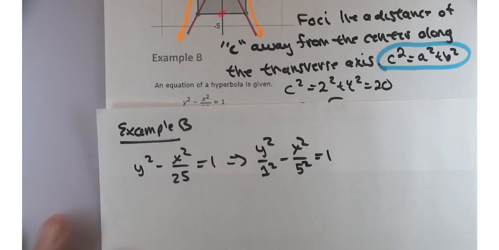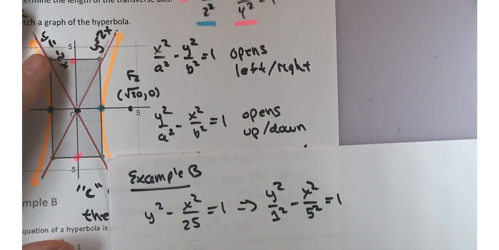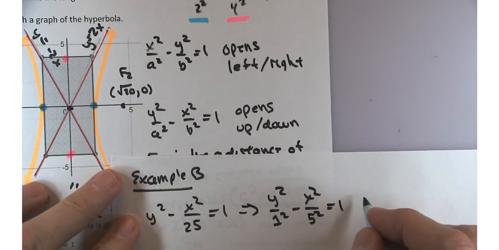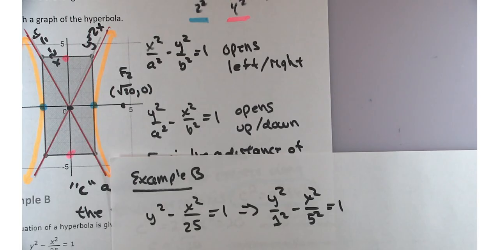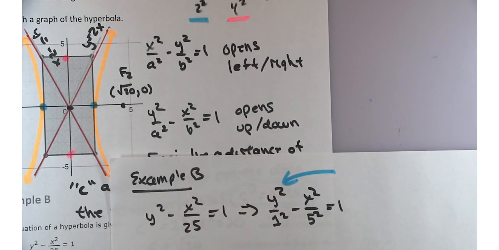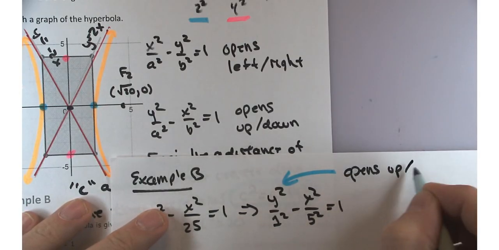Good deal. Antonio, which way do you think this one's going to open? It's going to open up and down. Yeah. Because this y squared term is positive, it's going to open up and down. Well done.